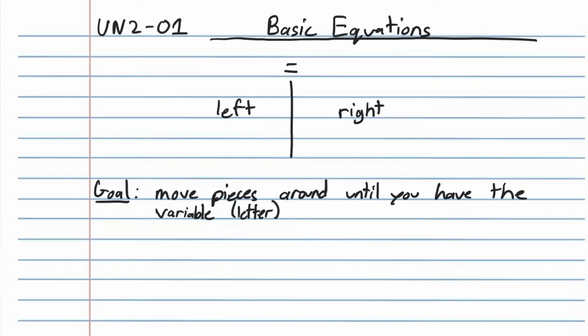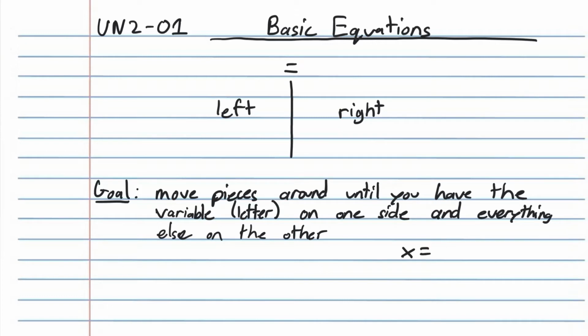So you move pieces around until you have the variable on one side and everything else on the other side. Okay? So typically you have to keep moving things around until you get something like this, where it's x equals and then whatever it equals, right? We need the variable by itself on one side, everything else goes to the other.